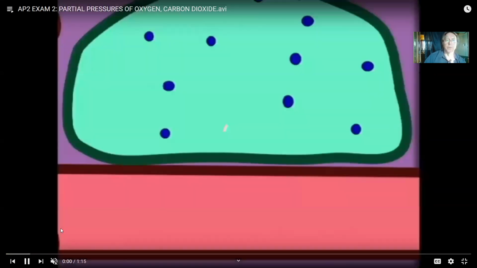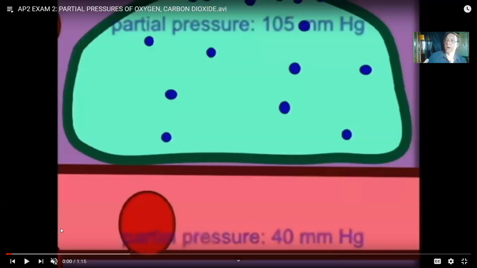Partial pressures come from the law in physics where the total pressure of a gas is made up of all of the partial pressures. For example, in the air that we breathe, there's nitrogen, oxygen, carbon dioxide, and water vapor. The total air pressure is equal to the sum of the pressure from nitrogen, the pressure from oxygen, the pressure from carbon dioxide and water vapor, et cetera.